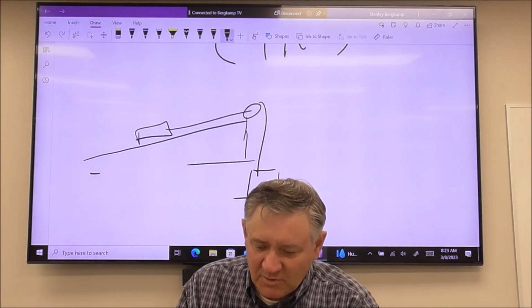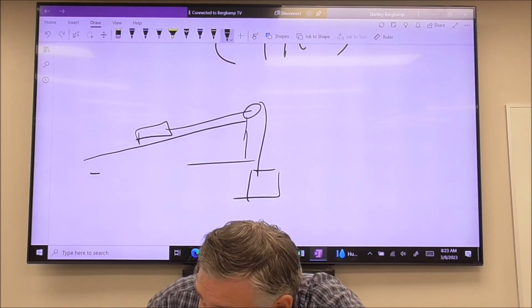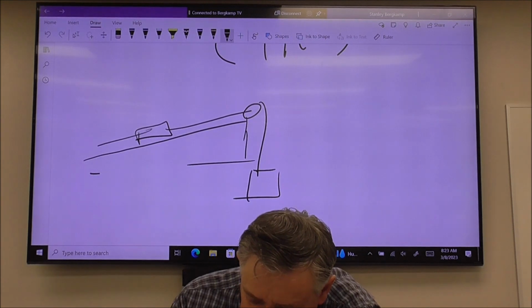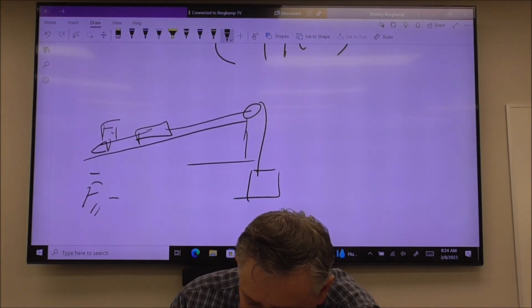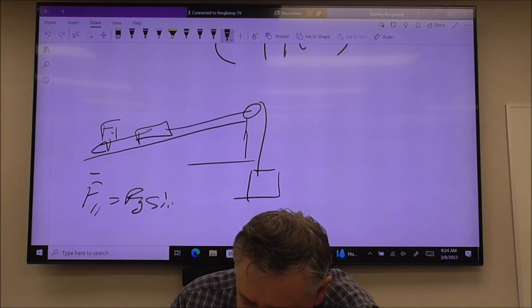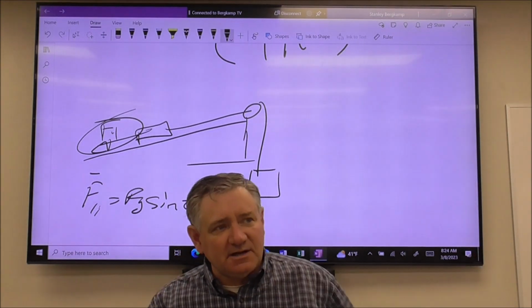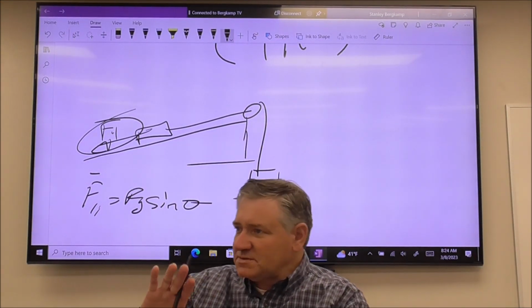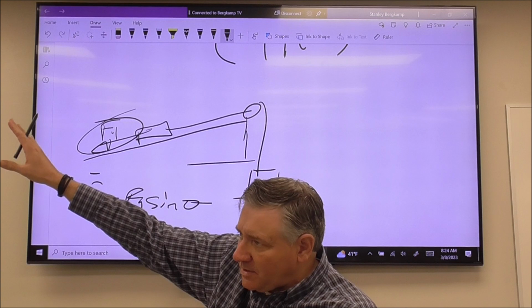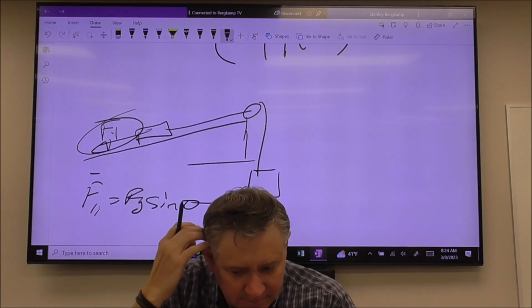Force parallel. Force parallel, which always acts which way? Down the inclined plane. And force parallel, remember, equals Fg sine theta. Always acts down the inclined plane. That force parallel is never going to push you up the hill, ever.